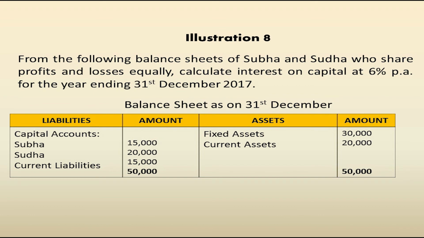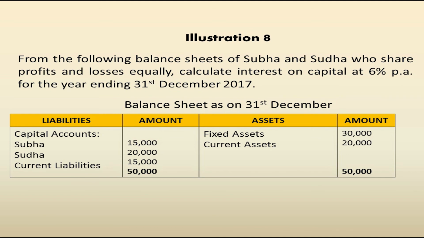So the total of the liability side is 50,000. On the asset side, we have fixed assets 30,000 and current assets 20,000, so the total is 50,000. Now see, these capitals are closing capital, not opening capital. It's 31st December, so it is closing. But we have to find interest always on the opening capital.